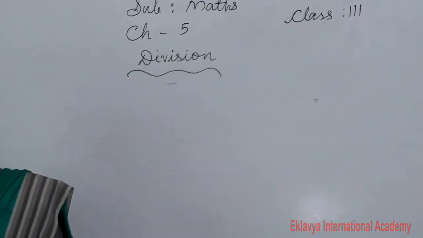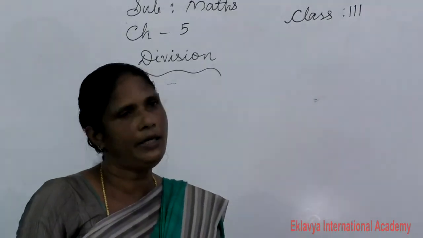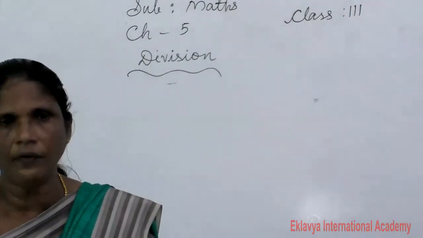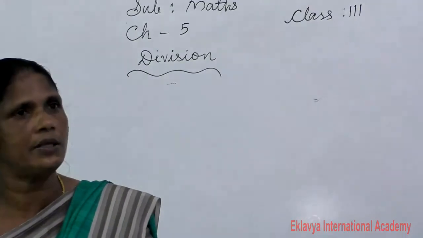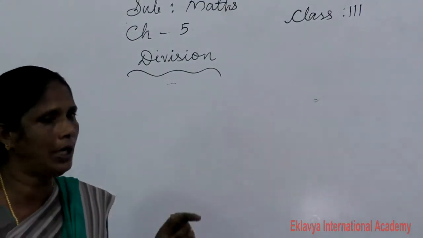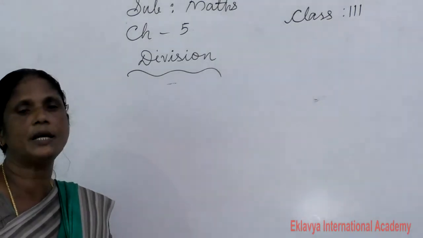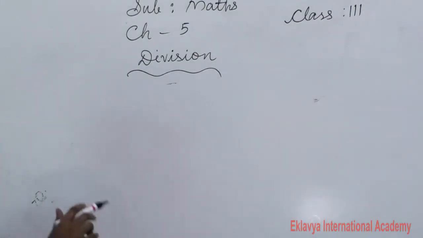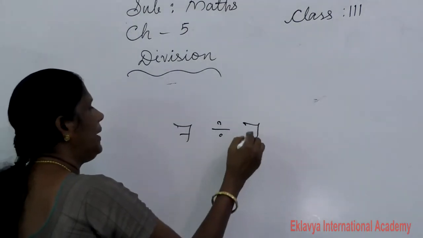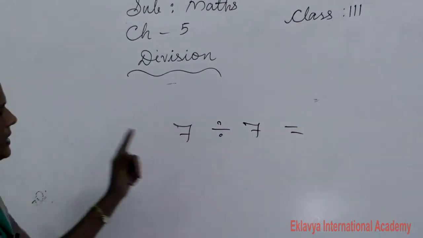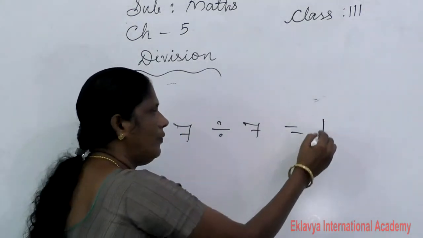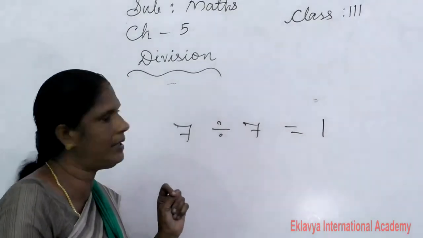A number divided by itself, the result is 1. For example, 7 divided by 7 is equal to 1. Understand?